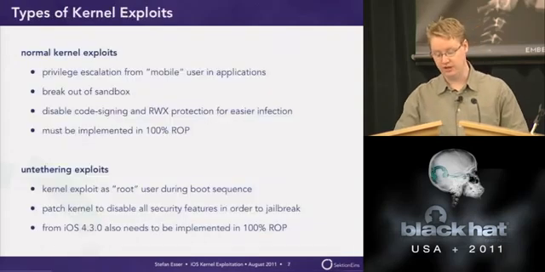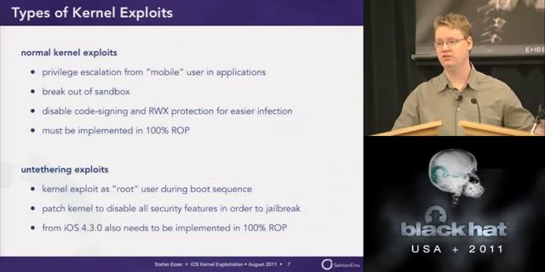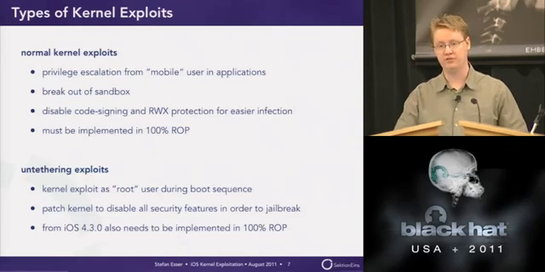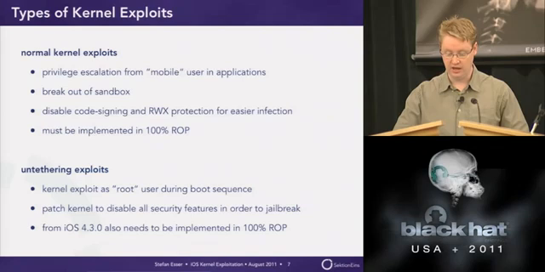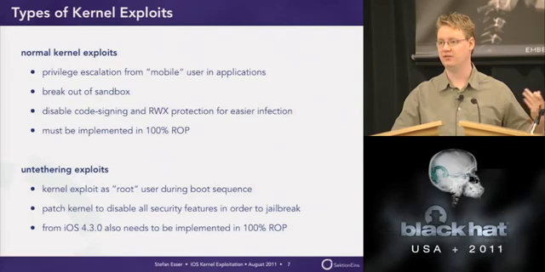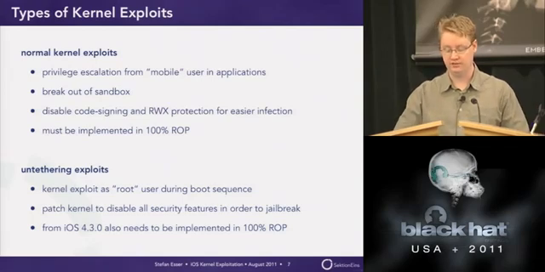So the jailbreaking scene therefore distinguishes between normal kernel exploits and untethering kernel exploits. With a normal kernel exploit, you try to get from the mobile user to the root user, break out of the sandbox, and execute code in the kernel.